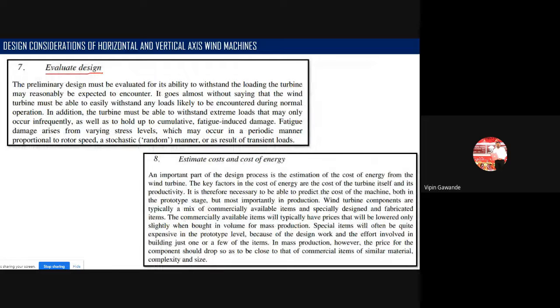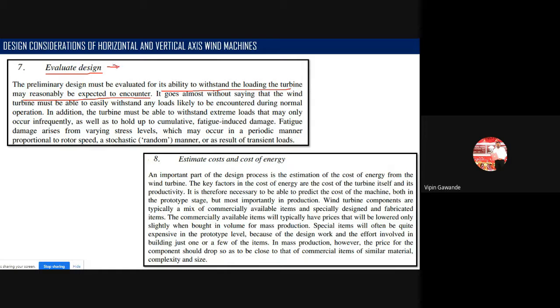The evaluation of the design is for its ability to withstand the loading the turbine may reasonably be expected to encounter. So we first have to evaluate the design, which is again related to the loading conditions.